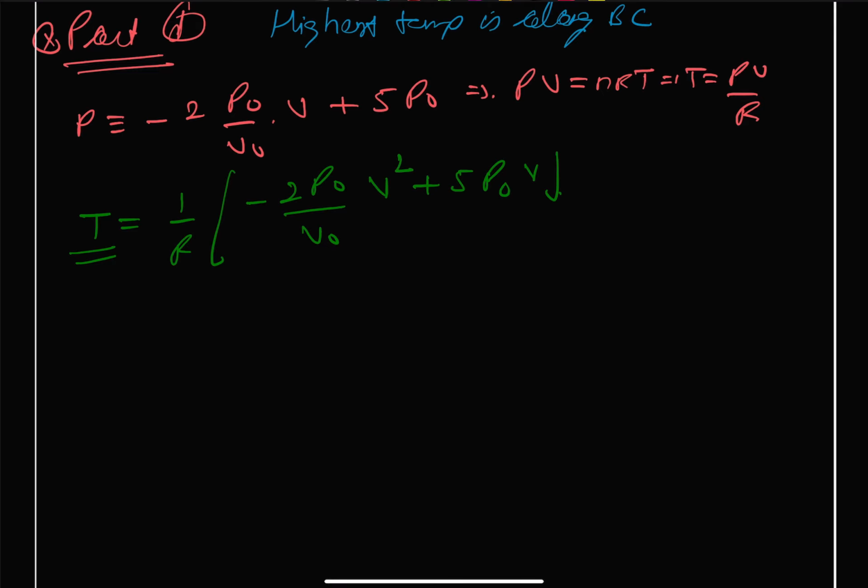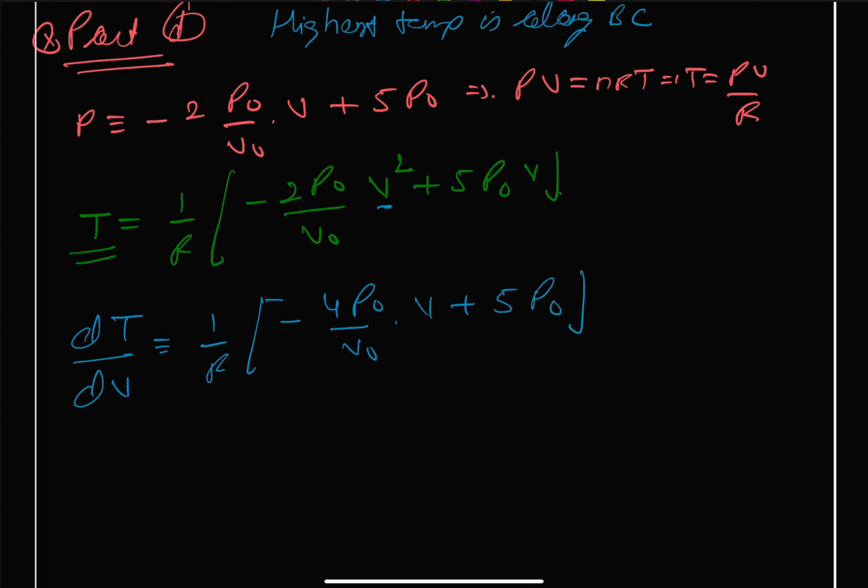So dT by dV is equal to minus 1 upon R, and this will be 2V square, so this comes as 4 P naught V naught times V plus 5 times P naught, and equating it equal to 0.